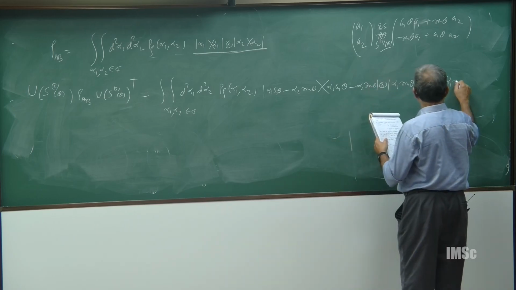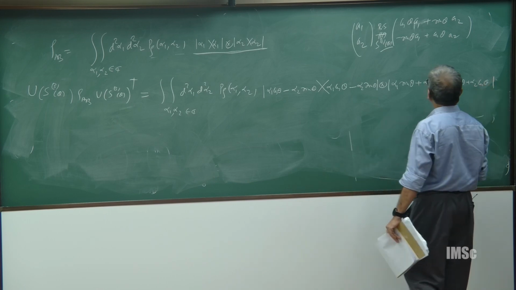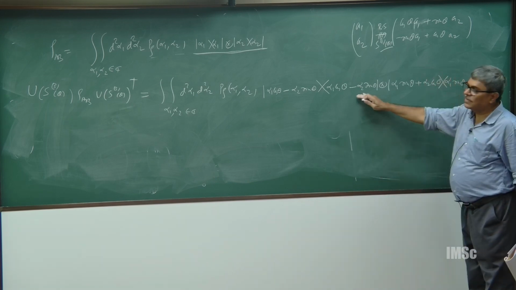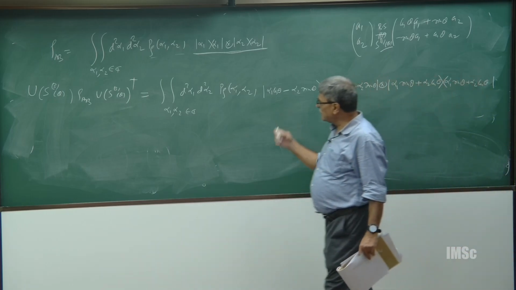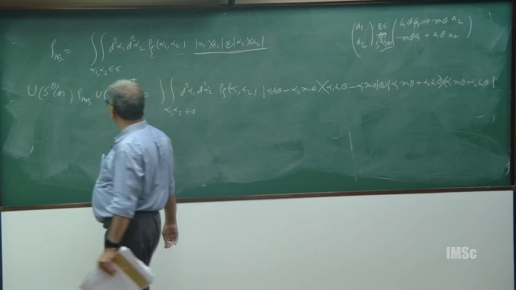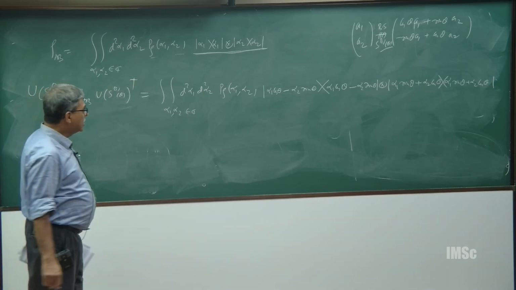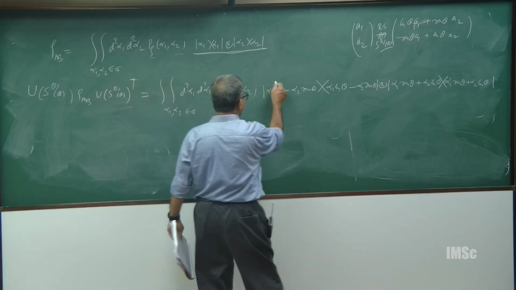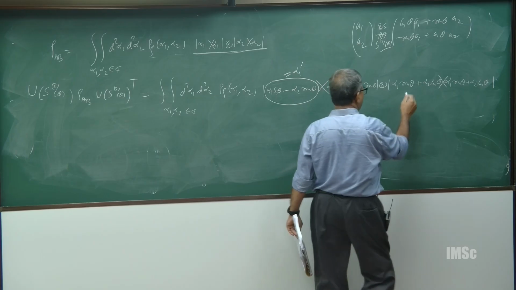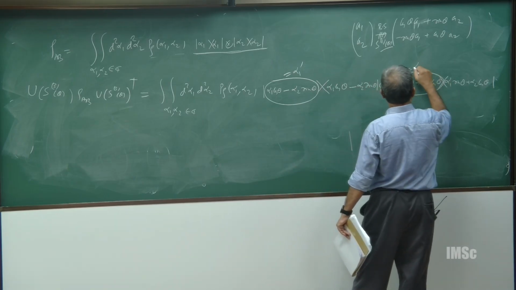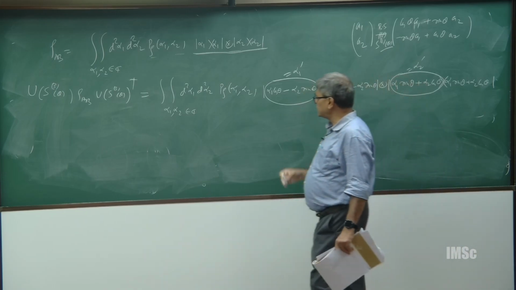So, this is how the state will change, because this is the beam splitter transformation. Now, let me call these alpha 1 prime and alpha 2 prime. This is a rotated version.